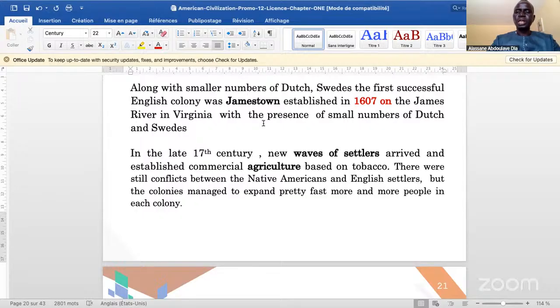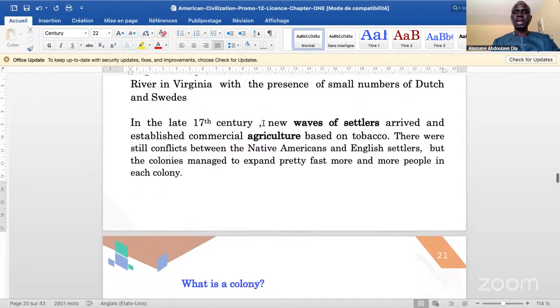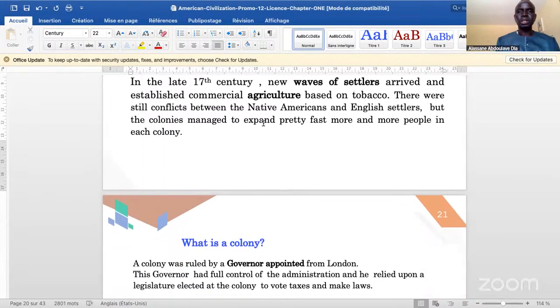They found there some people because they were the last to come. They found there Dutch people. They found there Swedish people. That's why I told you the American continent could have been more French, Spanish, and Portuguese than English. But the English settled there. So what happens? They settled there and they had now to impose themselves.